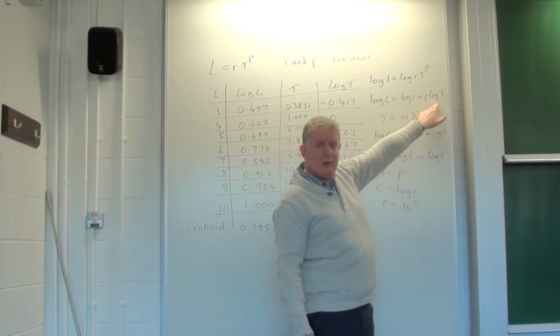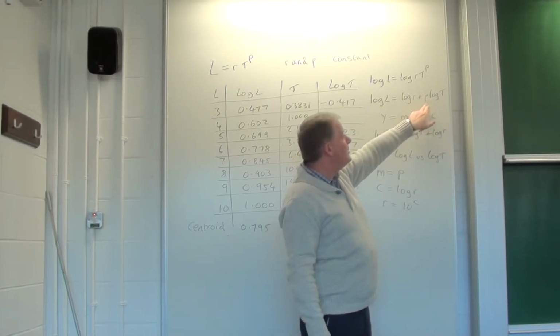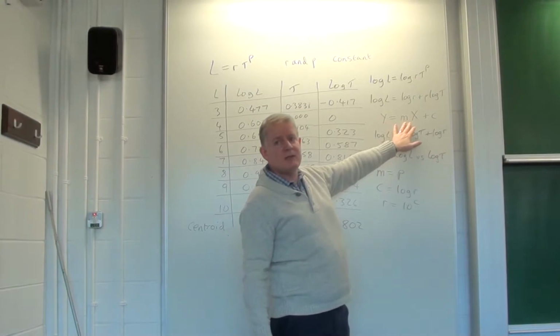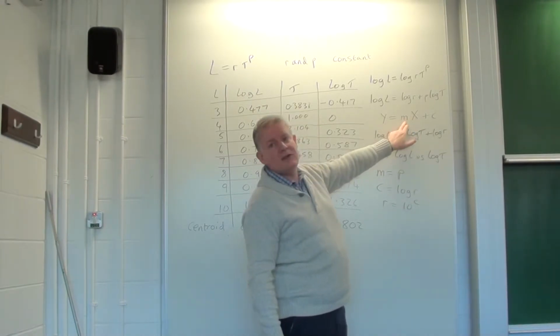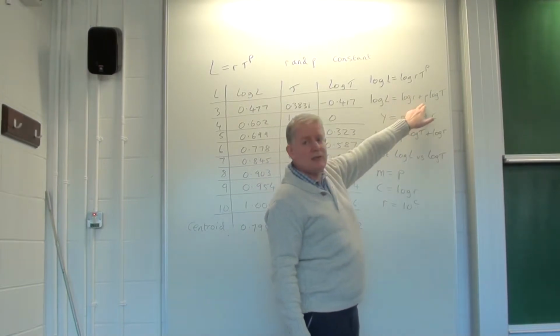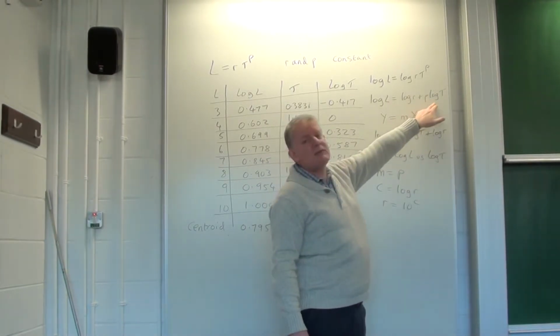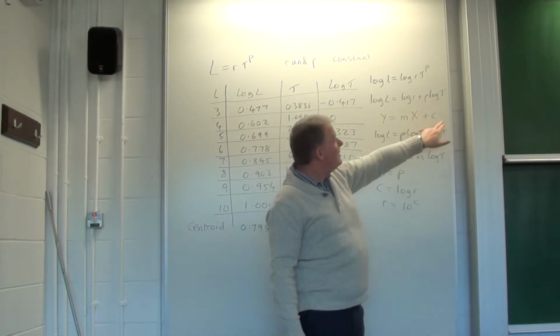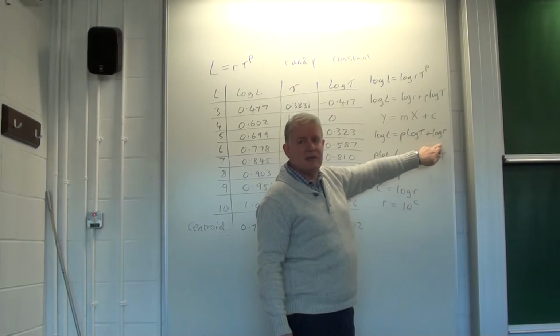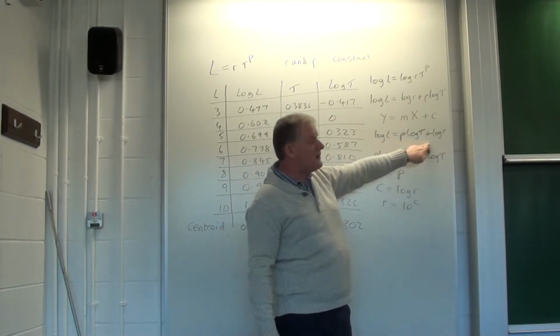The log of a variable is still a variable. So a constant times a variable. And whenever we look at y equals mx plus c, m is your constant, x is your variable. So we match m to P and x to log T. C is matched to log R. And so that's why I've rewritten it in this form here, so you can actually see it.